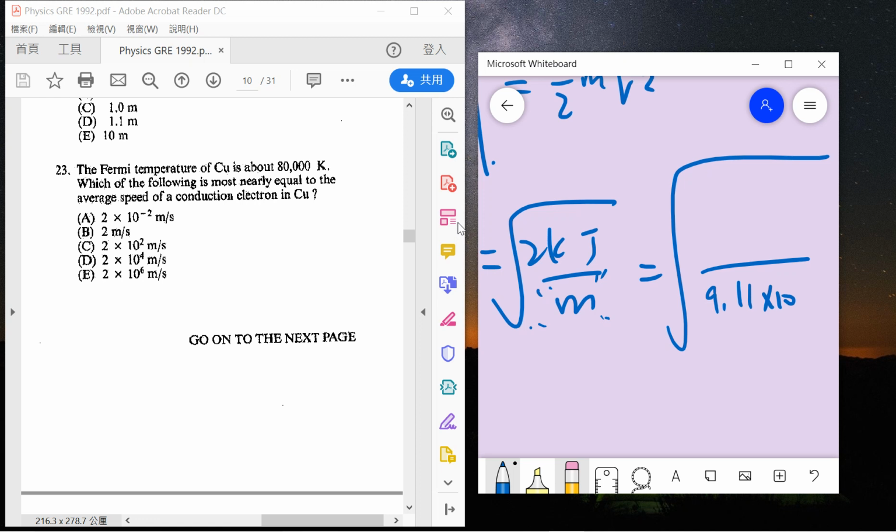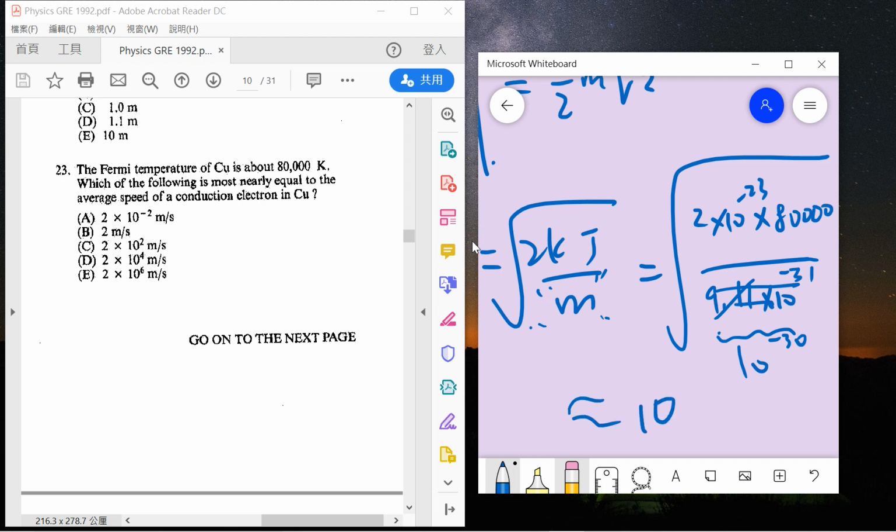In the first or second page of the subject GRE, there's a formula that tells you the proper number you need to use. I use 9.11, but usually you can just directly use 10 to the negative 30 and plug in 2 times 23 times 80,000, and you can compute by yourself, which I guess is 10 to the 6.